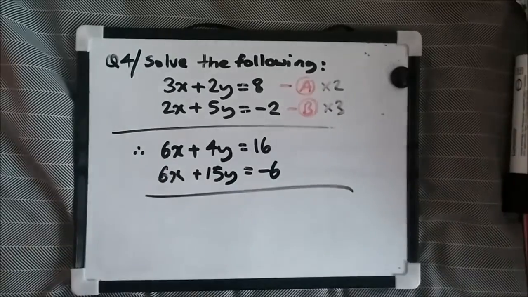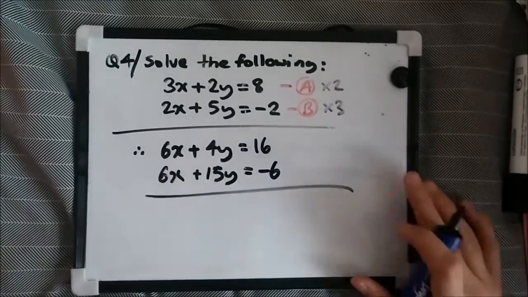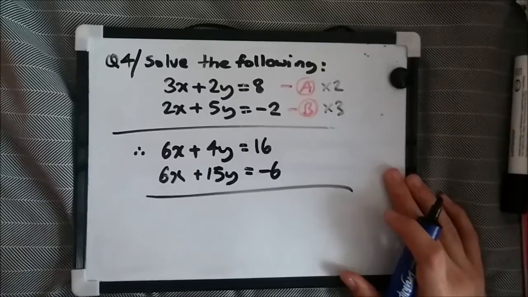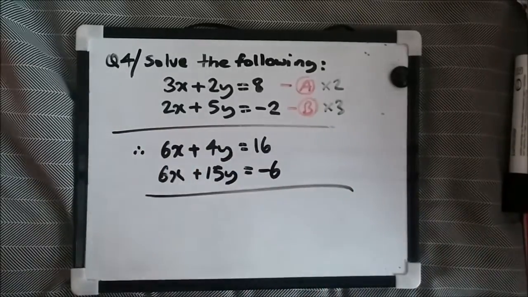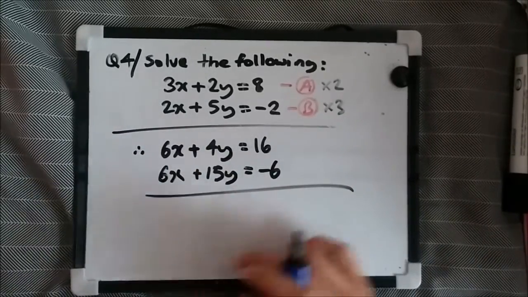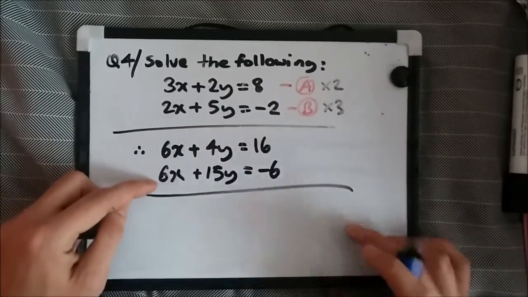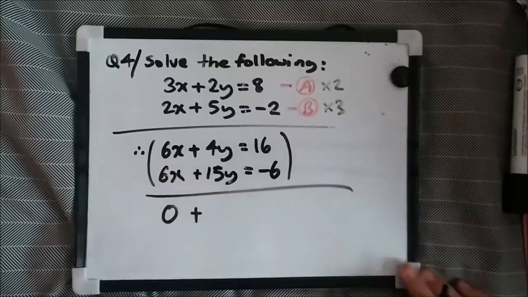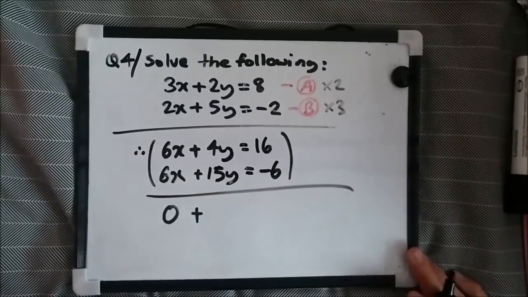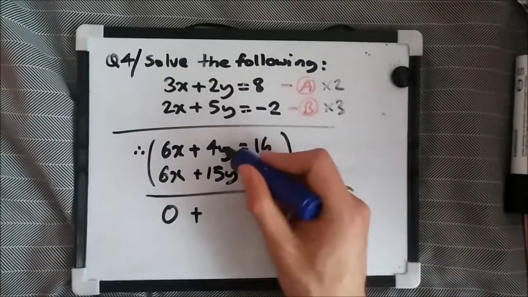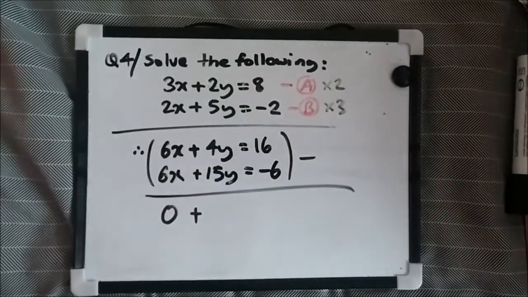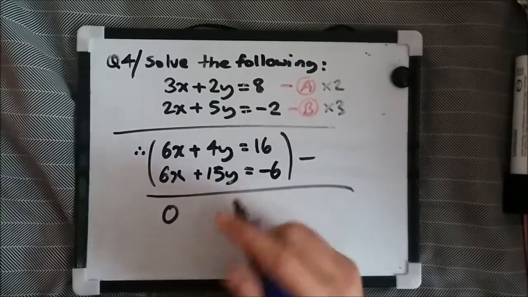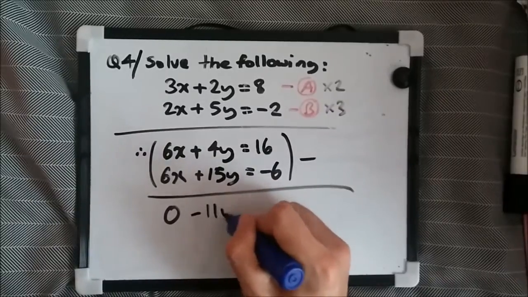Now, since we're using the process of elimination, this is solving simultaneous equations by elimination, we want to eliminate the similar terms. So knowing that 6x take away 6x is going to be 0, since that's the aim of this, we can easily proceed. So 4y subtract 15y. Because we're subtracting from a bigger number, 4 take away 15 is minus 11y.